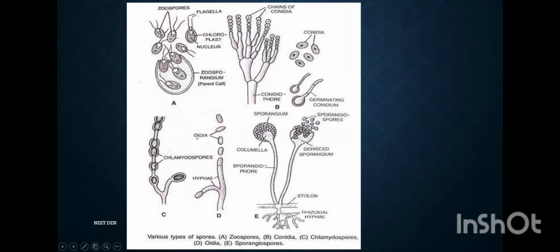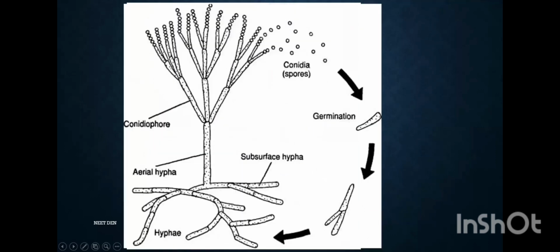Some more asexual spores are oidia as well as chlamydospores. So what do these asexual spores do? When the asexual spores are released, they germinate and produce fungal hyphae, which ultimately produce the fungal mycelium.